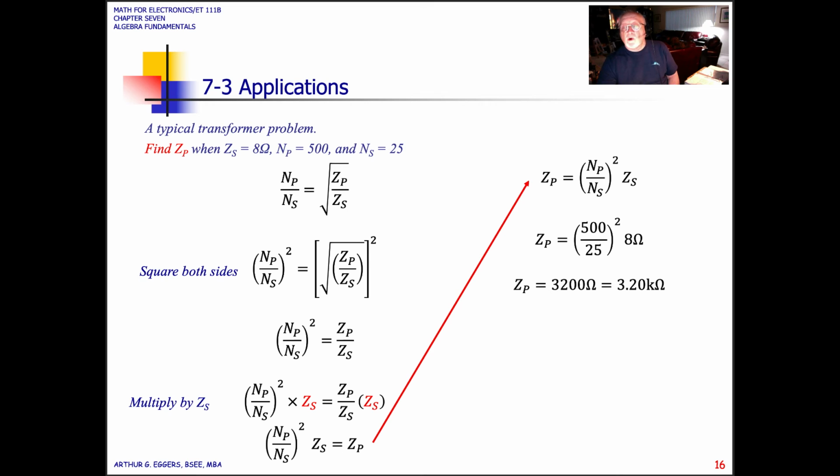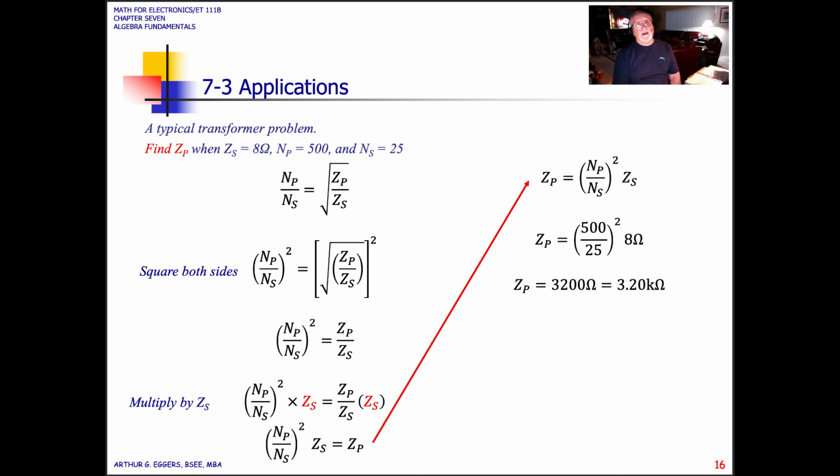Using something a little more sophisticated, this is a typical transformer problem. The N equals the number of turns in the primary and the secondary in a transformer, and the values under the radical, ZP and ZS, is the impedance for the primary and the secondary.